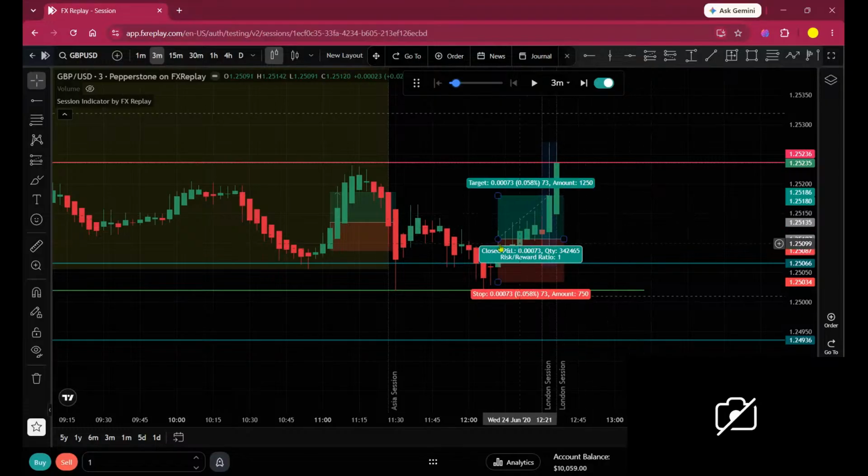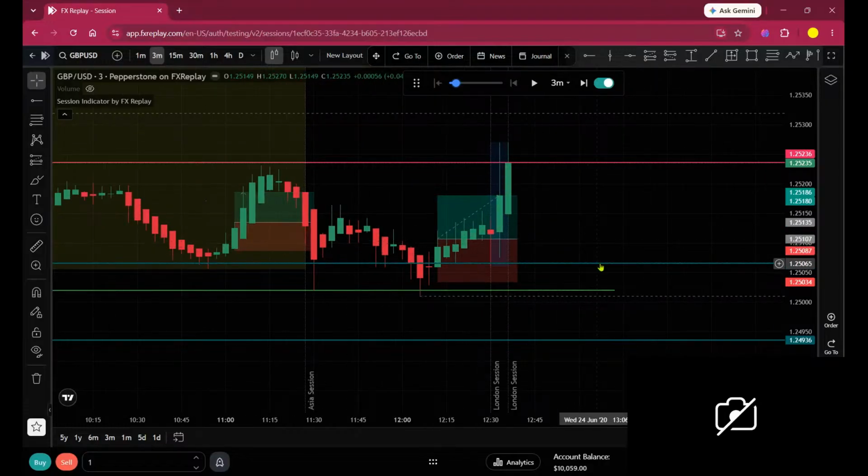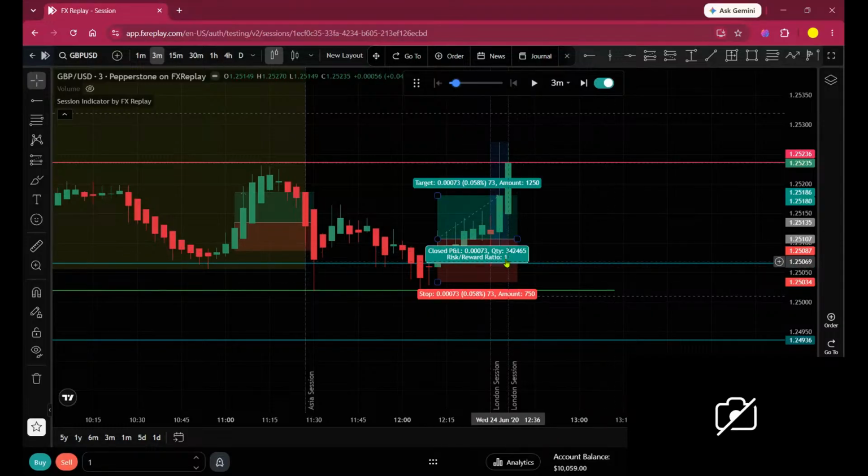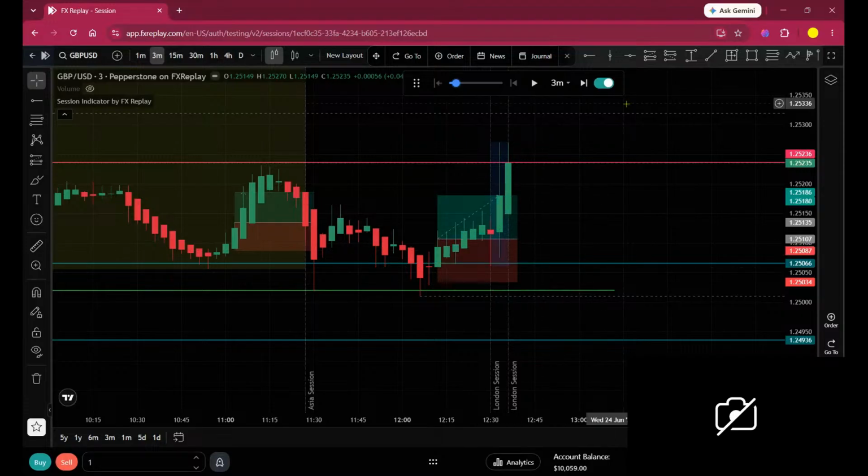What happens here? Because I moved my SL here, right? So the market removed me from the market and then it gave me the trade.